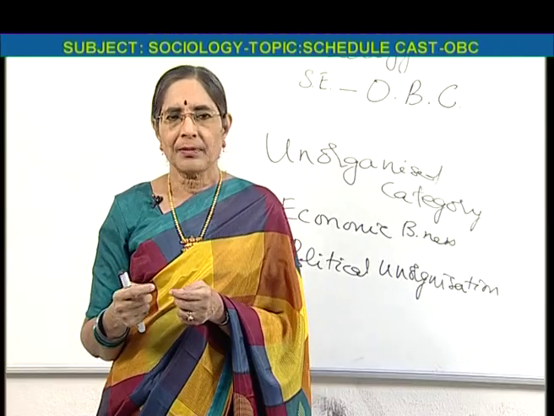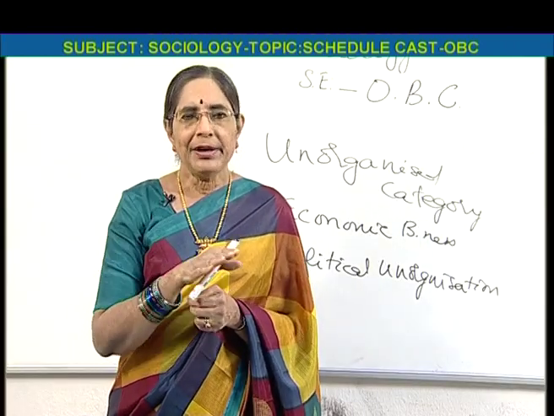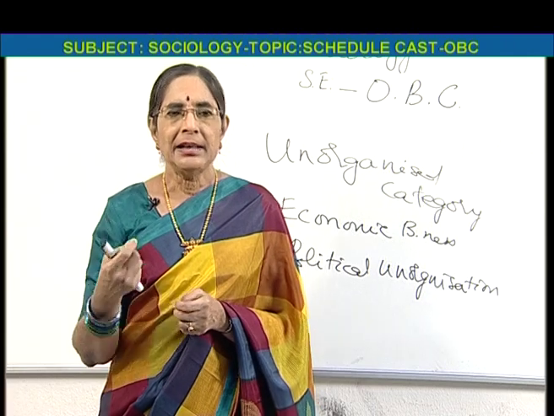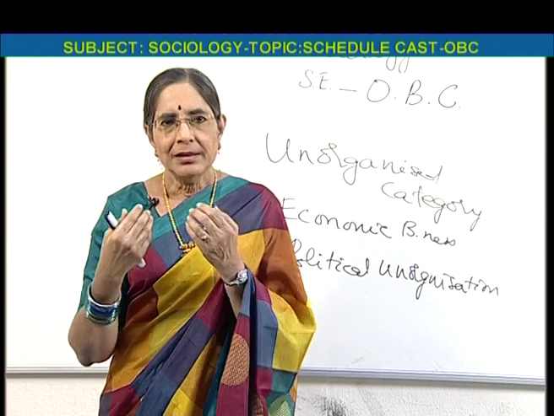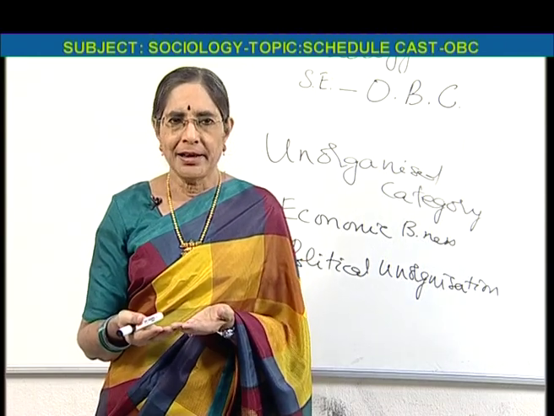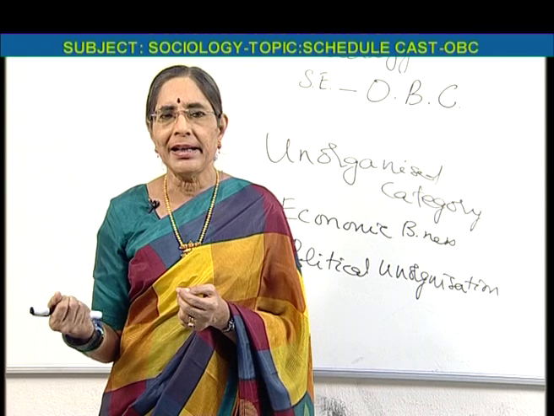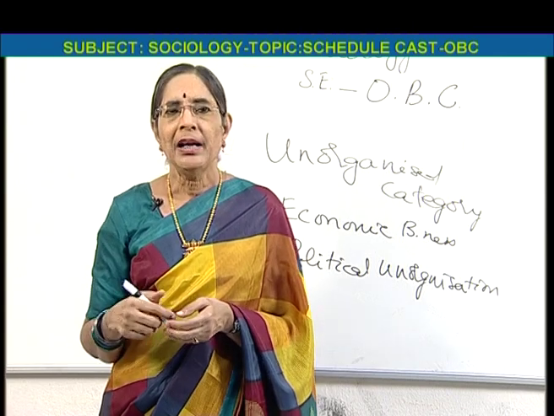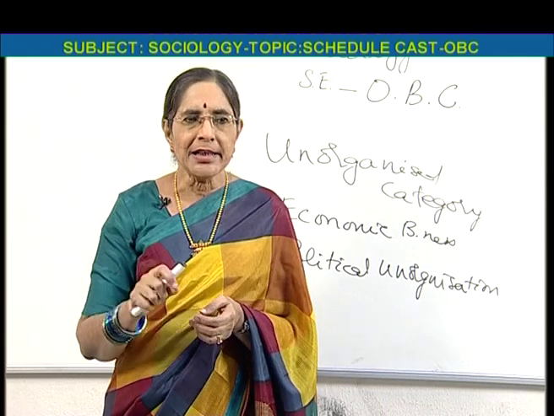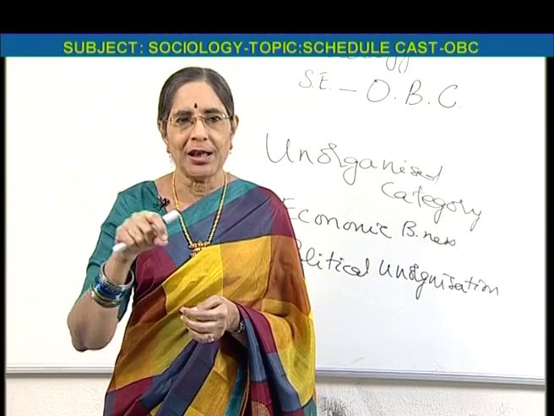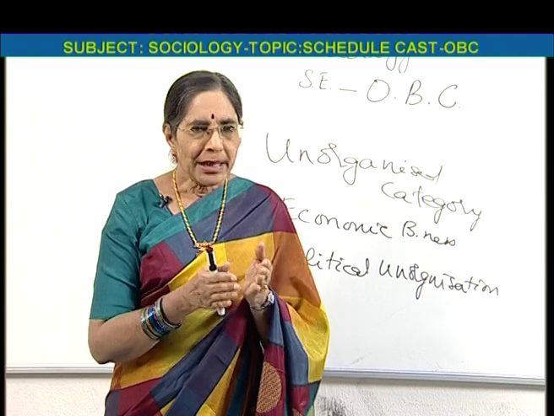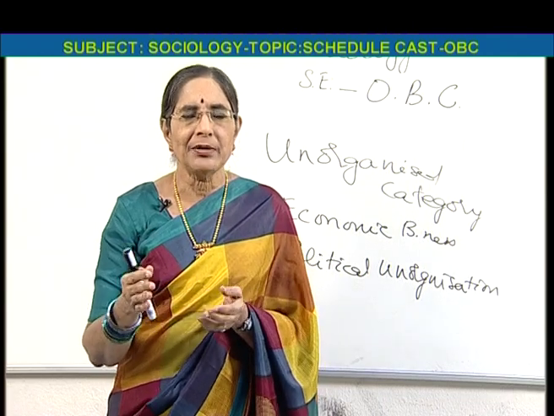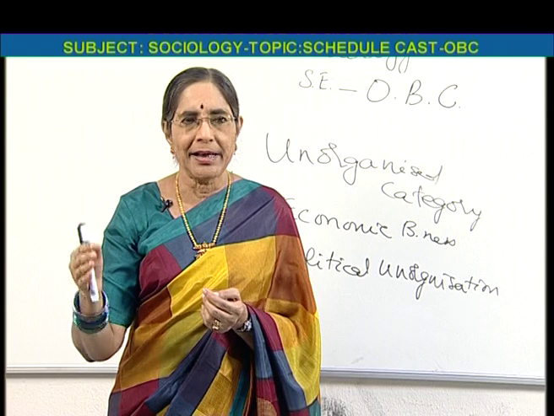The Mandal Commission identified various criteria, and these criteria are very well formulated. Altogether it mentioned some 11 criteria, and for each criterion some weightage points were also added. On the basis of those weightage points, it was measured how backward a caste or community is.